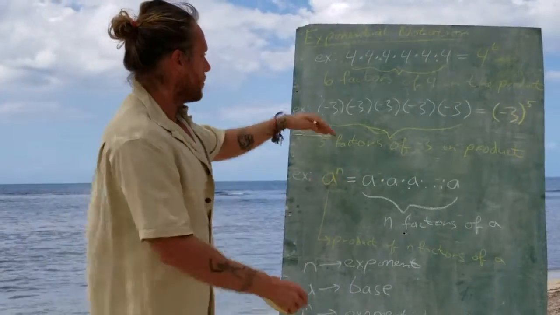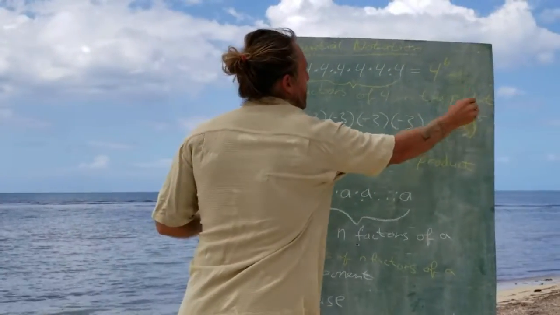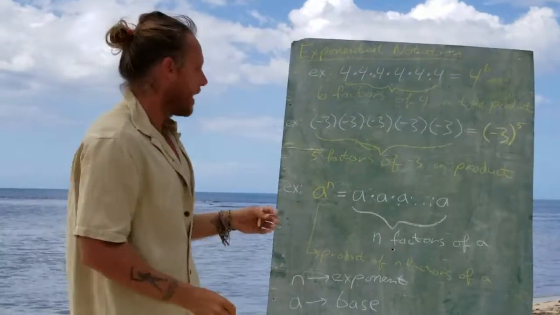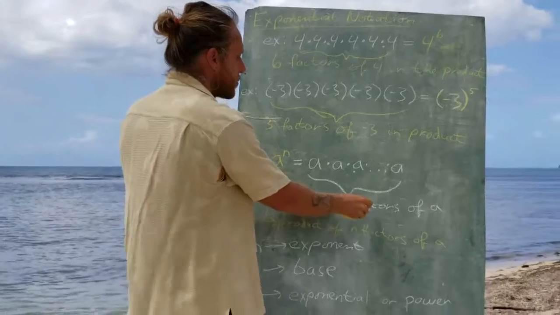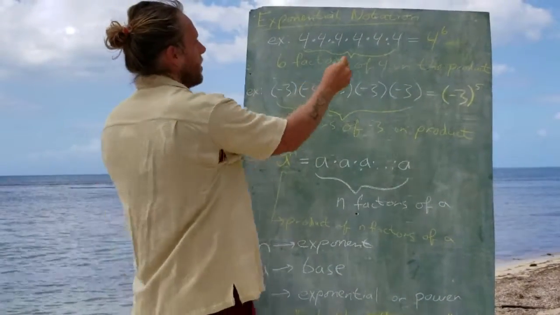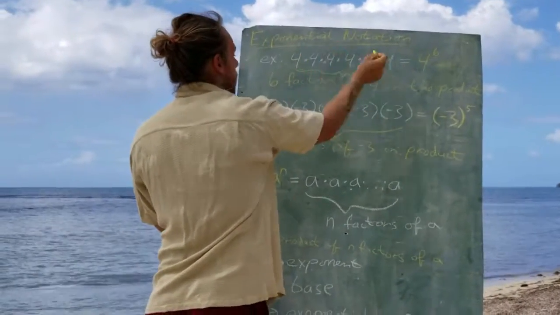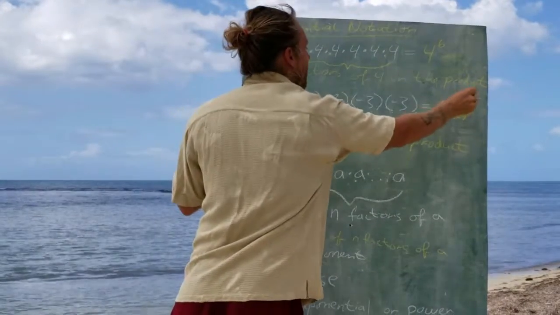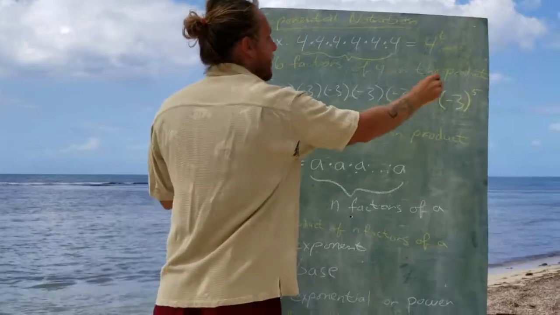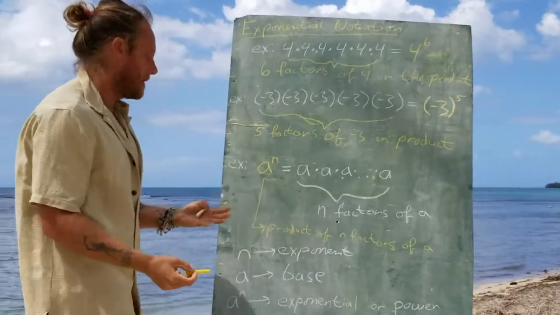That is equal to, just like we've been noticing up here, the little numbers tell us how many factors we have, right? So n factors of whatever the a is. Up here, the big number was 4, so we have 6 factors of 4. Here we had negative 3, we have 5 factors of negative 3. Or in other words, 6 4s multiplied together, 5 negative 3s multiplied together, or in other words, n a's multiplied together.